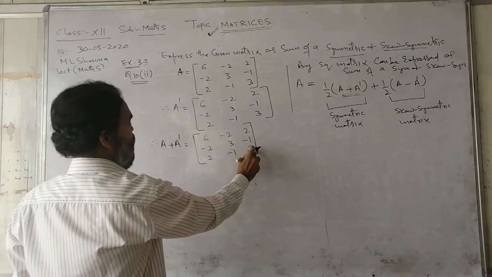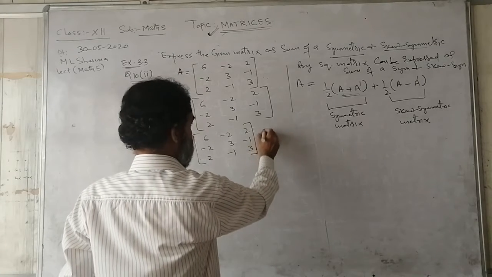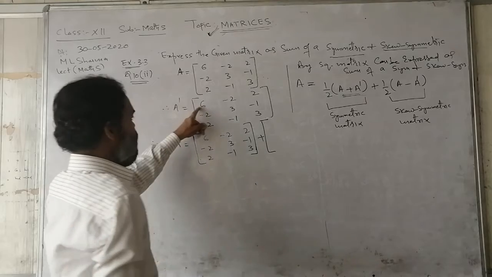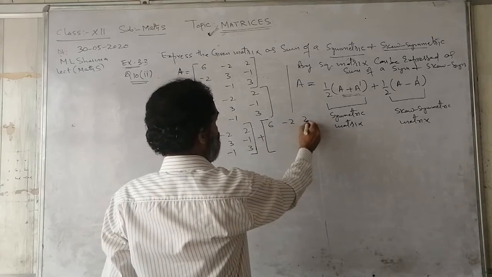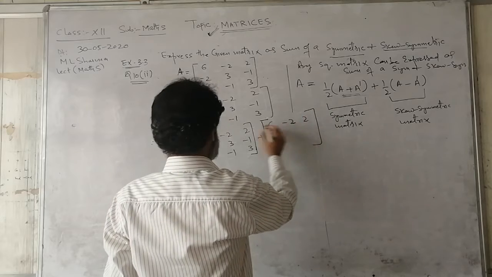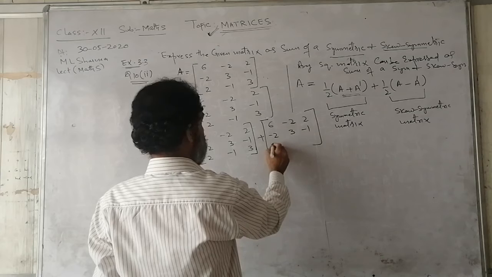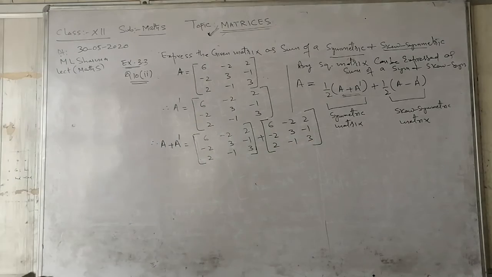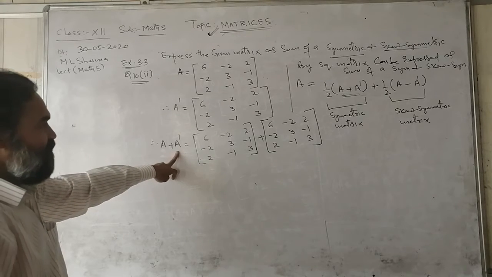So these are elements of A matrix. Then its transpose matrix, that is 6, -2, 2 here, then -2, 3, -1, 2, -1, 3. So I have written the elements of matrix A and A transpose.